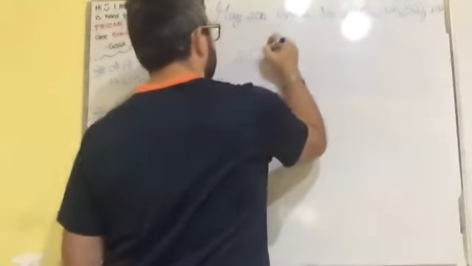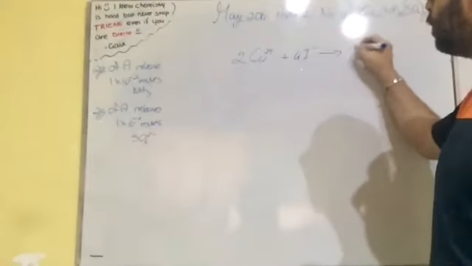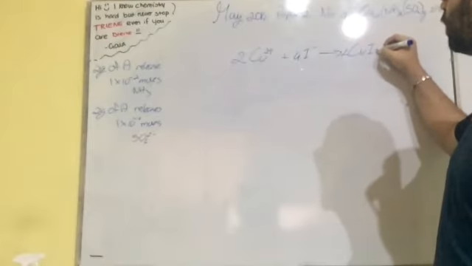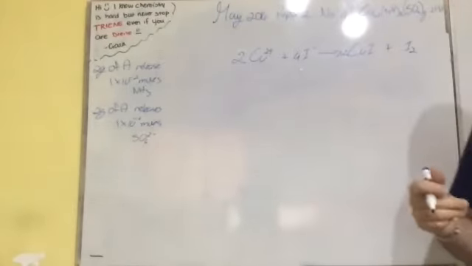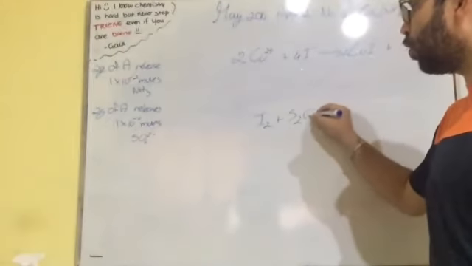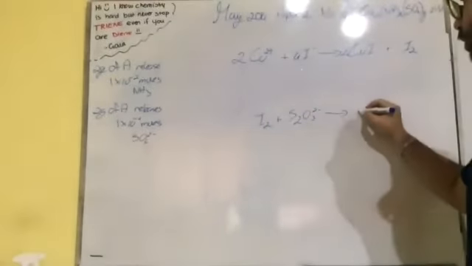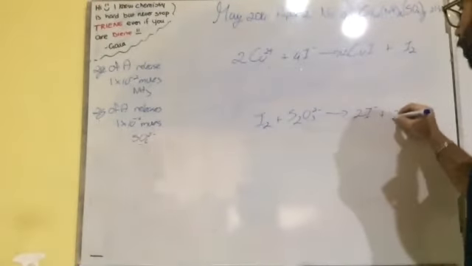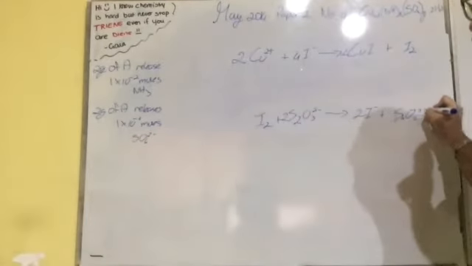So, 2 Cu2+ plus 4 I- to give 2 CuI plus I2, and the second reaction is I2 plus 2 S2O3 2- to give 2 I- plus S4O6 2-.